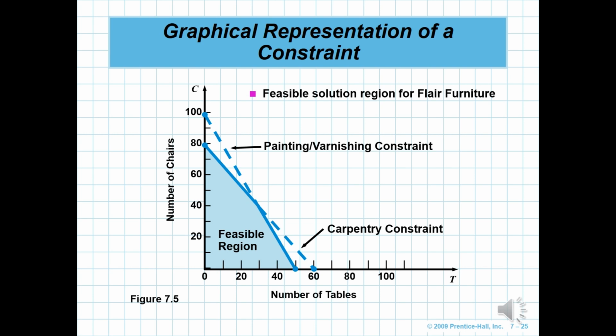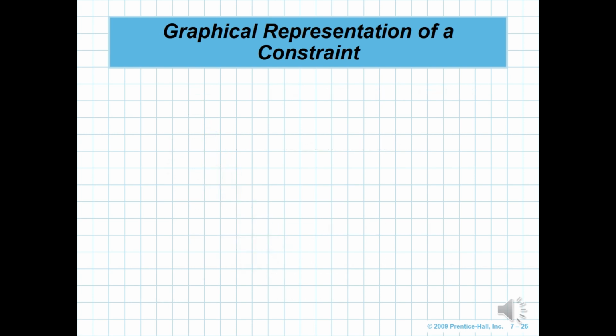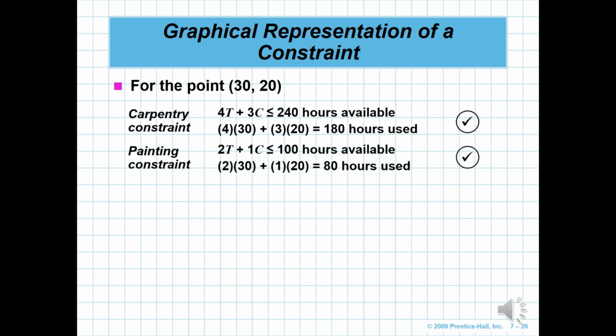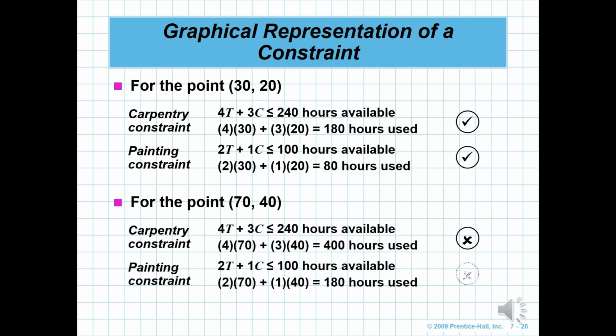Let's try this point. If we have 30 and 20, we choose to produce 30 tables and 20 chairs. We can put these values into our constraint equations. This shows that constraints 1 and 2 are fulfilled, because the values are less than 240 and less than 100.